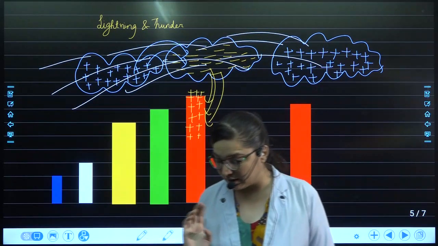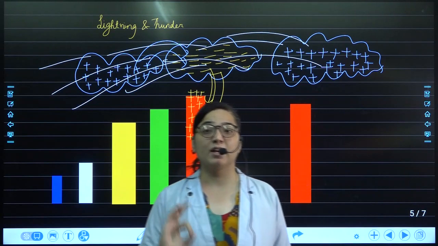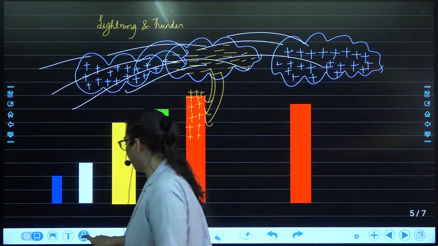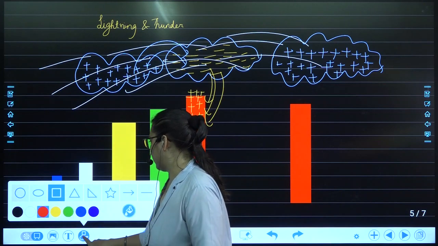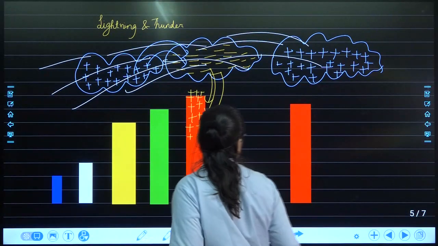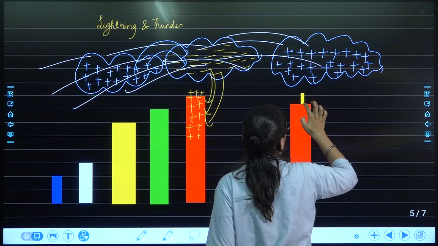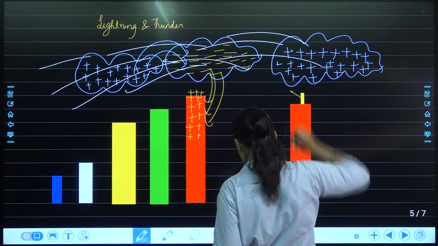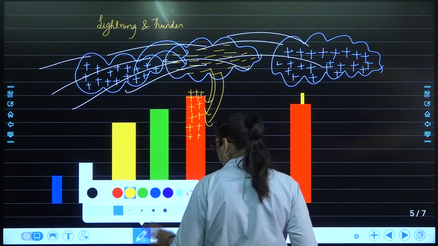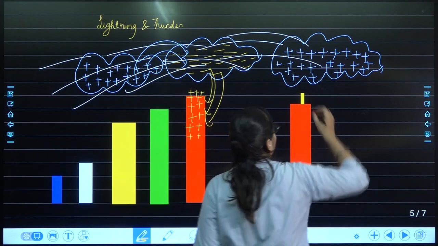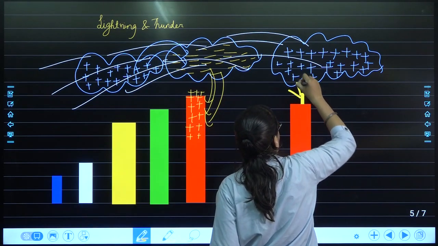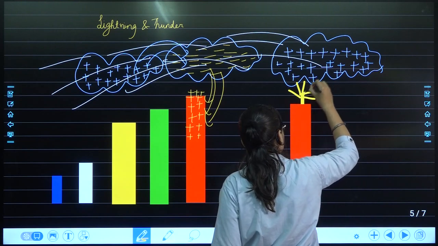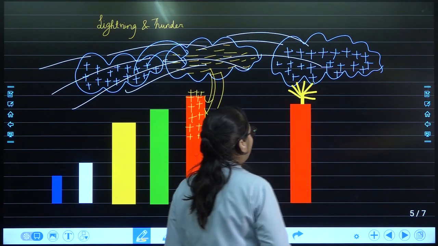Now, what is lightning conductor? The lightning conductor is a metallic rod that is having some spikes on it which are made up of metal. So, it will be somewhat something like this. So, there are some spikes over it.